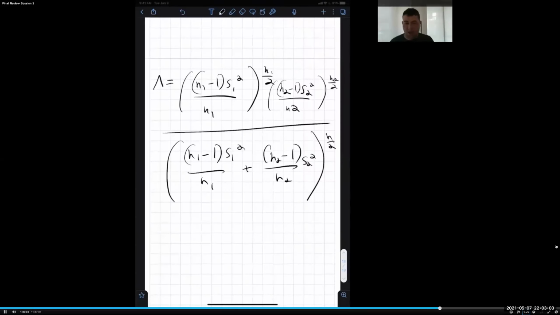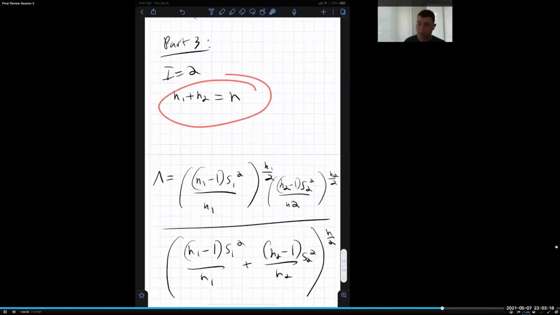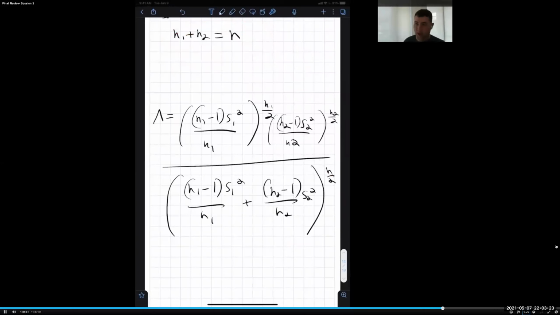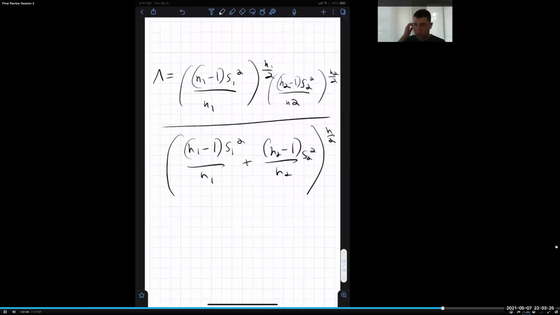Now I need to get this in terms of the ratios of the sample variances, which is not that terrible. Again, the key assumption that we need is just this. So we can simplify this denominator a bit and bring it in here, and get it in terms of a function of these ratios.